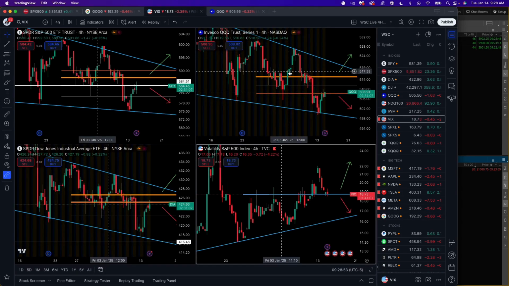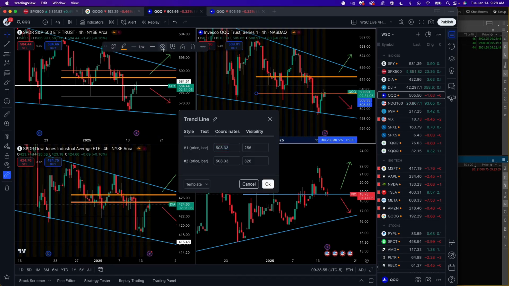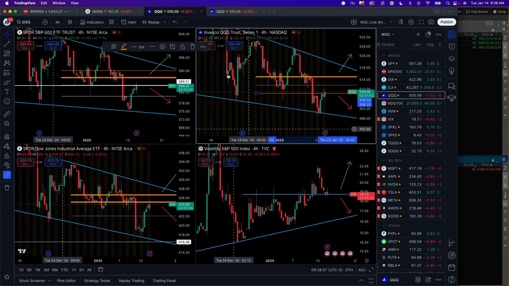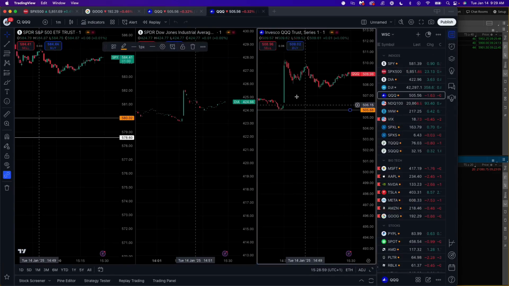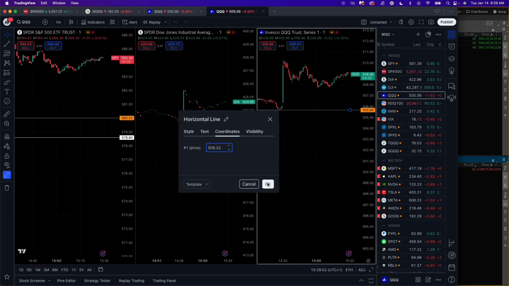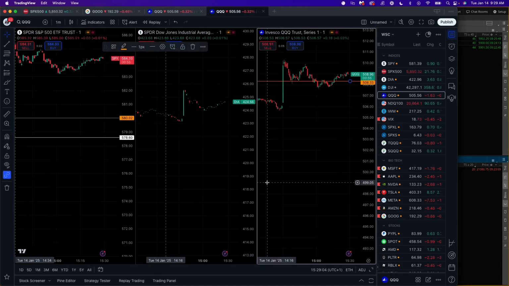So now let's see which are the levels we're going to integrate into our charts. I'm going to be looking at 608.33 here for the QQQ. Let me also, 1 second, open here on my mobile and optimize my screens. Inflation data already took the charts far from my screen.